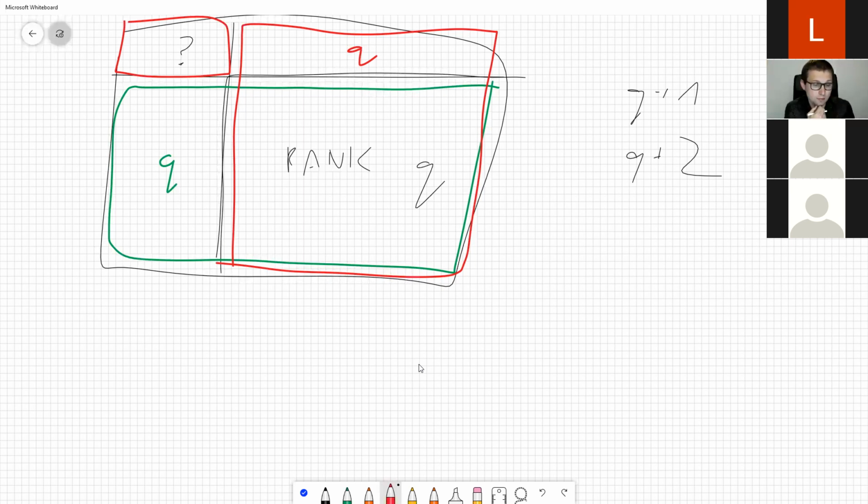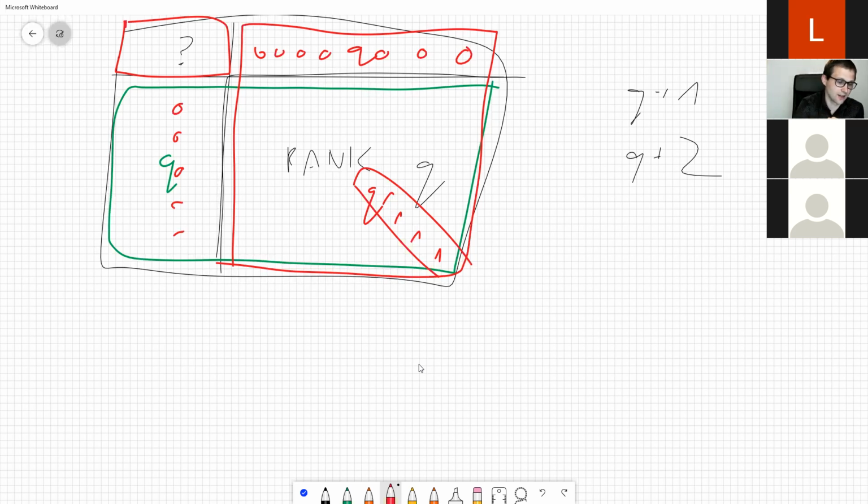Because we can run Gaussian elimination on the whole matrix, and it will result in Q ones here, zero all the values here, and zero all the values here, and here we will have some term that is still dependent on the variable in that entry.